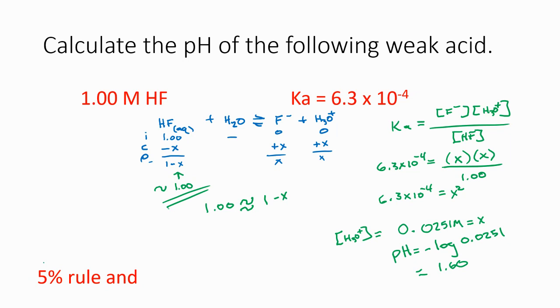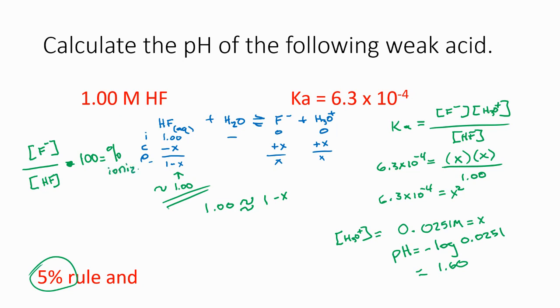We do that by checking what's called the 5% rule. And here's where the 5% rule comes from. If I take my F minus concentration and I divide it by my initial HF concentration and I multiply it by 100, that gives me what's known as the percent ionization.